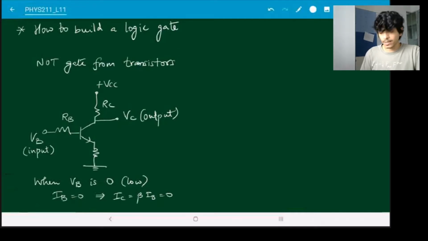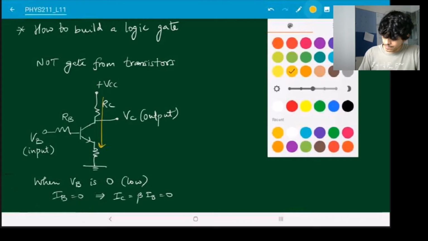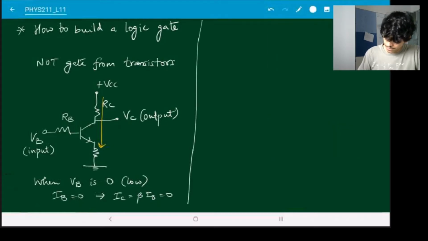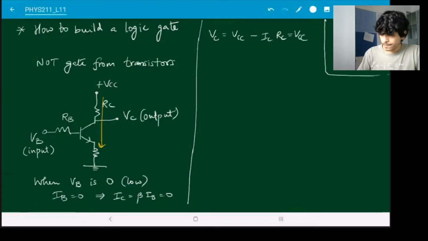So there's no current flowing down the transistor. And if there is no current flowing down, then the voltage at the collector, which is VCC minus ICRC, is going to be equal to VCC itself. So this is high.